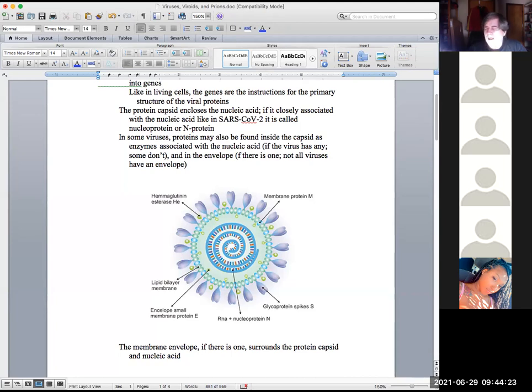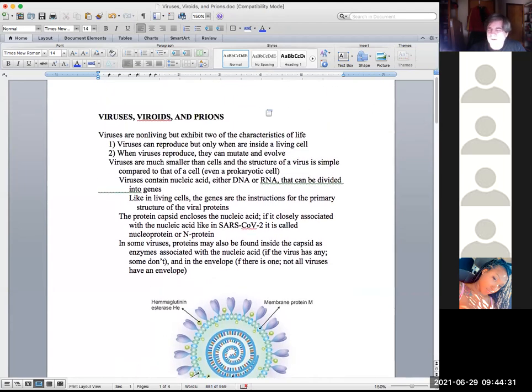But we need to talk about a few things that aren't really made of cells, but they can interact with cells. And these are three types of things called viruses and viroids. Remember, we said oid means like, so viroids are kind of like viruses, and prions.